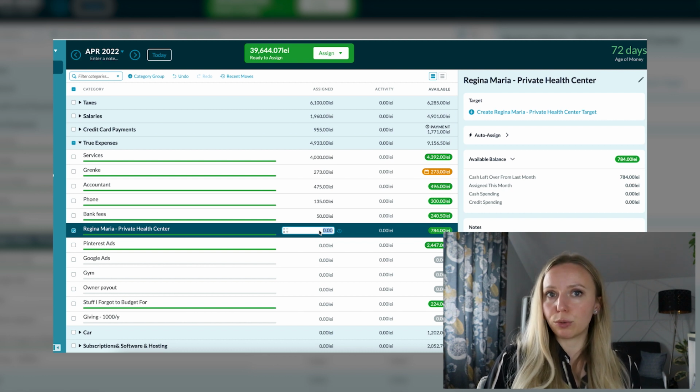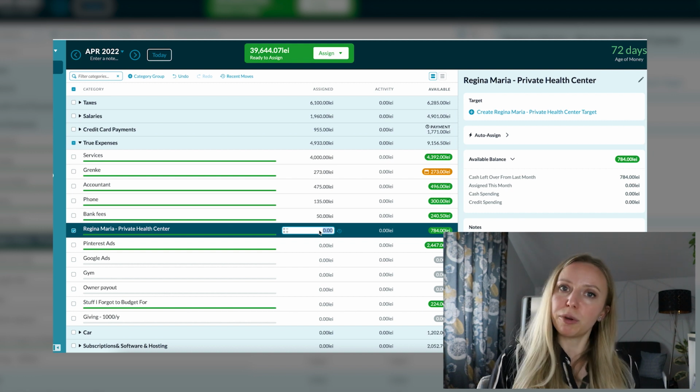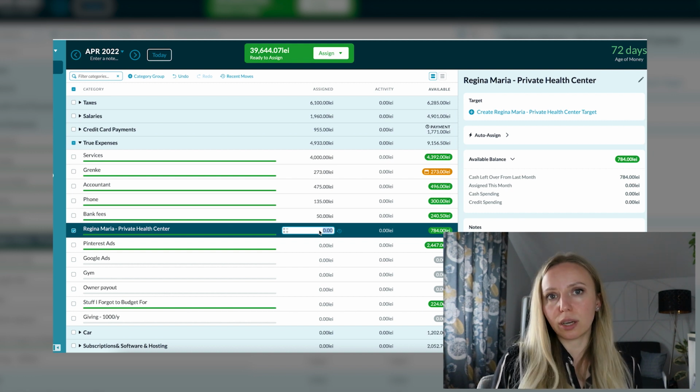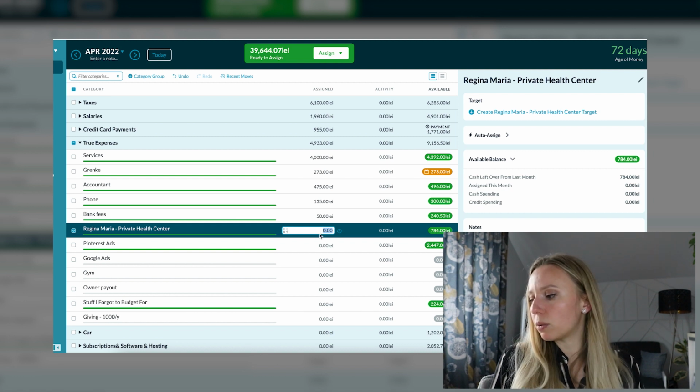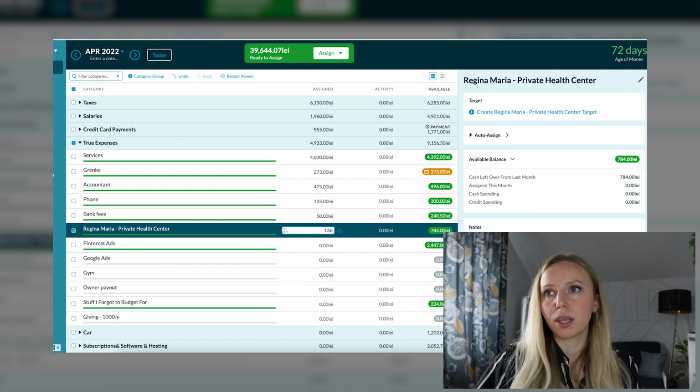And it's really good because there is a big list of medical services and blood work and other kinds of doctor's visits that you can do for free each year, once every year. And on top of that, I also have extra discounts for other blood work or extra and optional requested doctor stuff. Regina Maria cost me 136 lei a month, so about 26 euros.